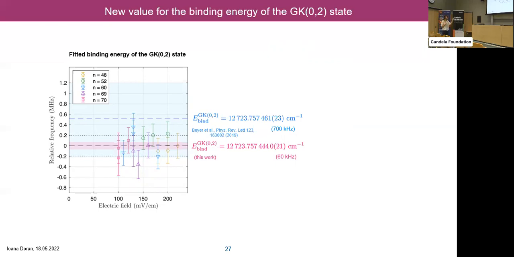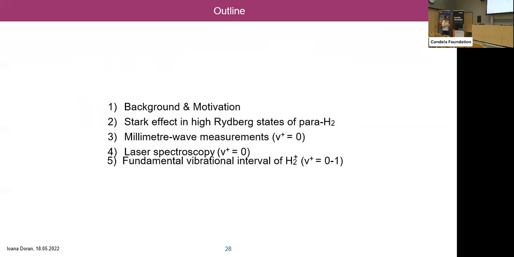However, we are one order of magnitude more accurate. As you've heard before, there are also improvements on the MQDT determined value, and the new value, which is 300 kilohertz accurate, also lies a bit lower. Everything put together, this is in agreement with our determined value.